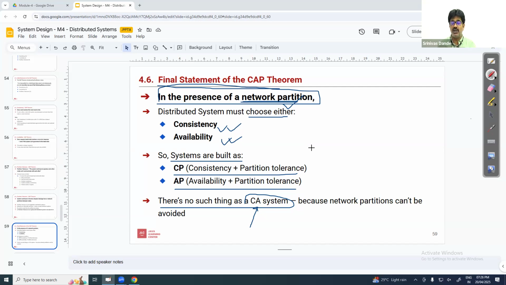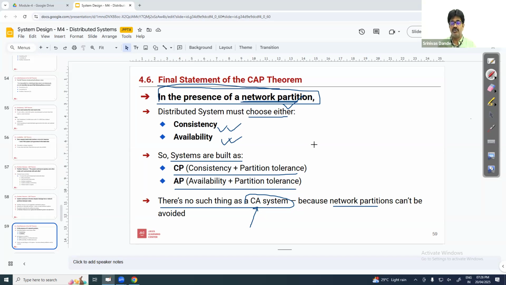We are especially talking about distributed systems. Distributed systems means there is a chance of a partition between the nodes. For easy understanding, I am taking network partition, meaning a network problem between two nodes, so they are disconnected. So I am considering P always.